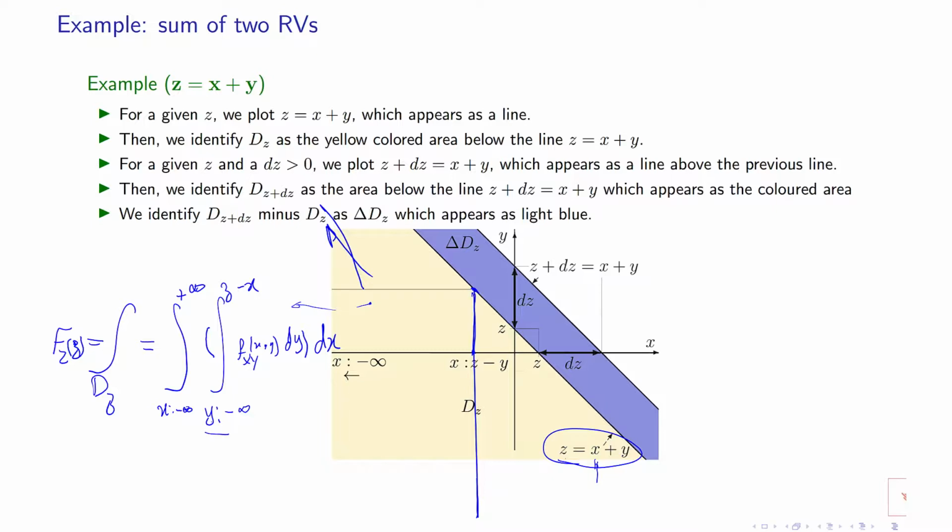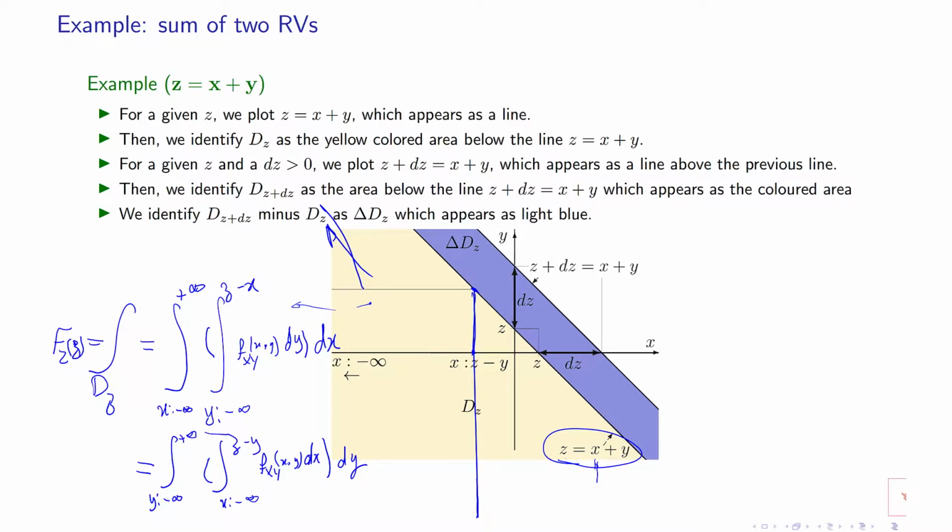You could say y varies from minus infinity to plus infinity, then integrate over x from minus infinity to z minus y of f_XY of x and y, doing first the integration with respect to x, and then with respect to y. Both solutions will lead to the same result.